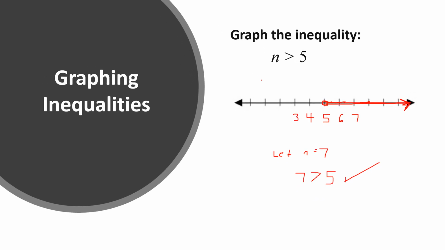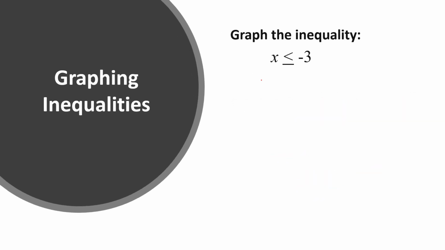Let's do another. Graph the inequality x is less than or equal to negative 3. Again, we start with the number line. I'm going to put negative 3 here. Then this would be negative 4, this would be negative 5, and so on. And to the right, that would be negative 2, this is negative 1, and so on.